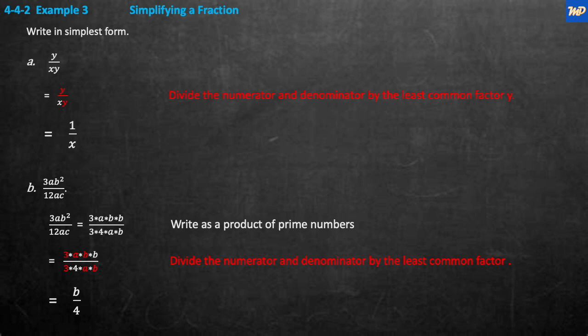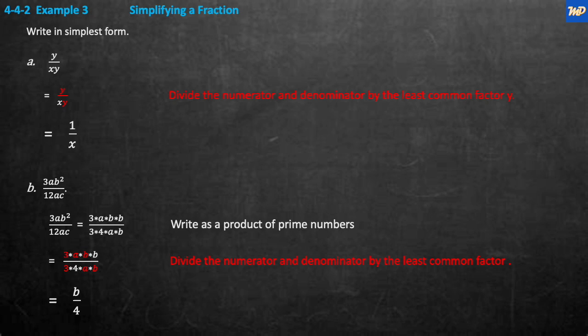In example 3, simplifying a fraction, they want us to write in simplest form both A and B here, two different fractions. The difference here is all of a sudden there are variables in our fraction, these letters showing up, Y's and X's and A's and C's and B's, whatever.